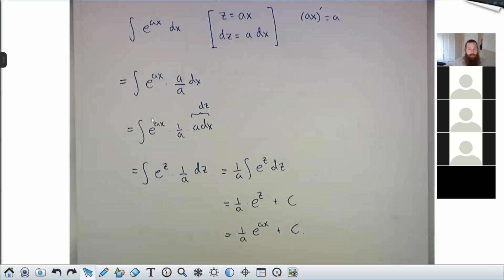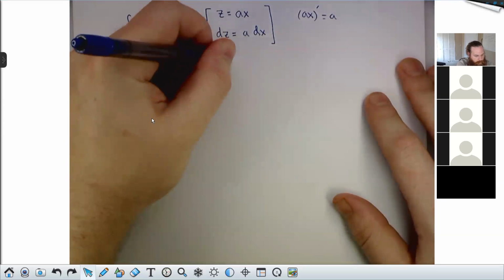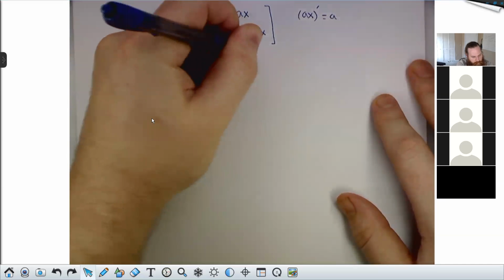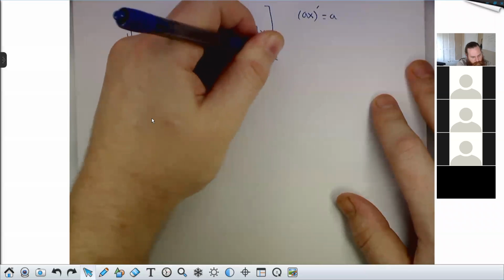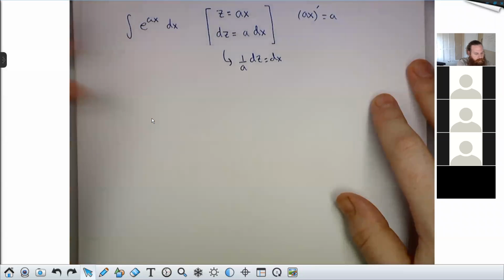The way we handled this same problem with the sine pi x integral last time was, once I got to this stage, I said, okay, this means that 1 over a times dz is equal to dx. So everywhere there's a dx, I just plug this in instead.